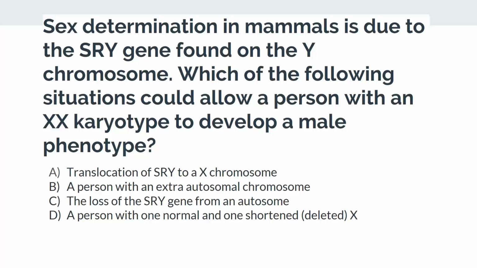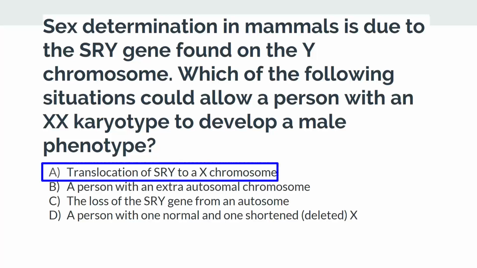Okay, who thinks it's A? Who thinks it's B? C? D? All right, pretty much everybody got that one. Why? Well, because they don't have a Y chromosome, then the translocation switches it to one of the X chromosomes, and then that shows itself.